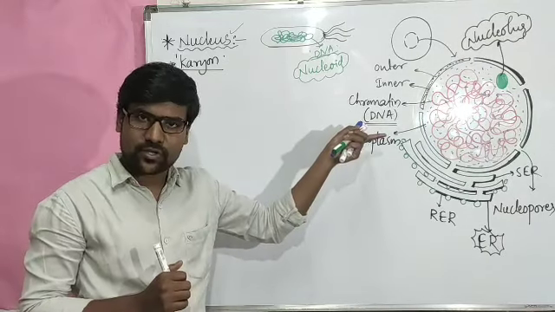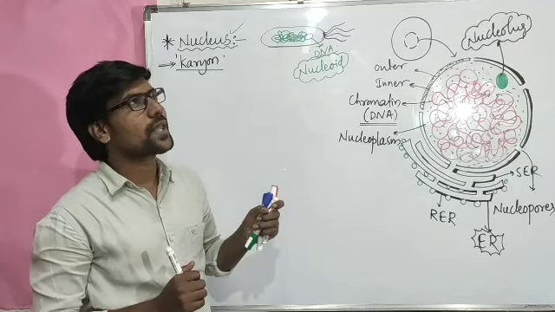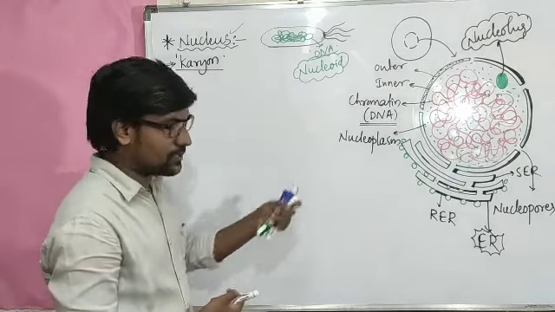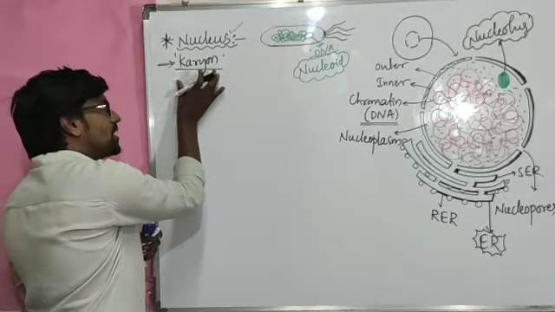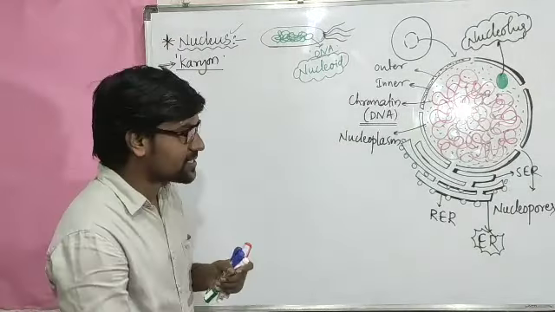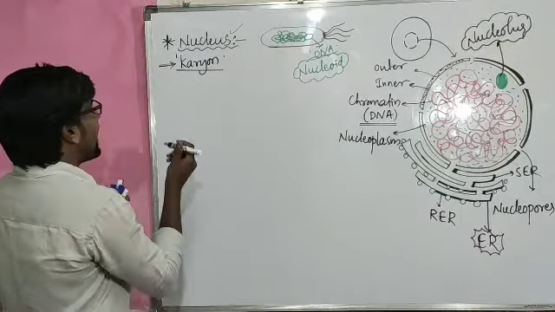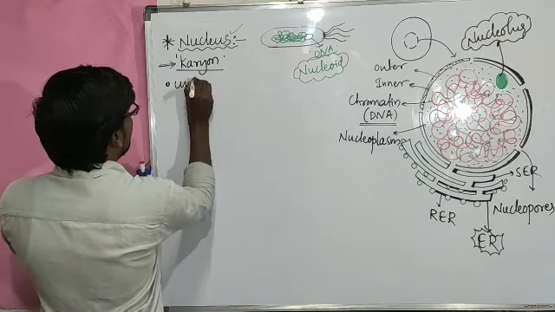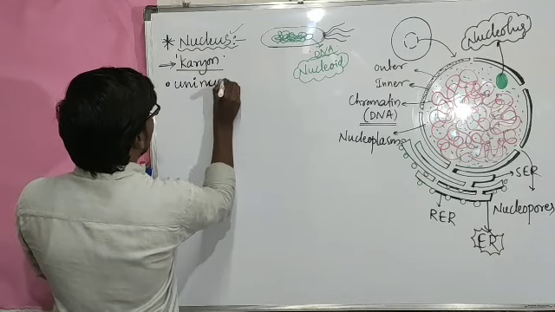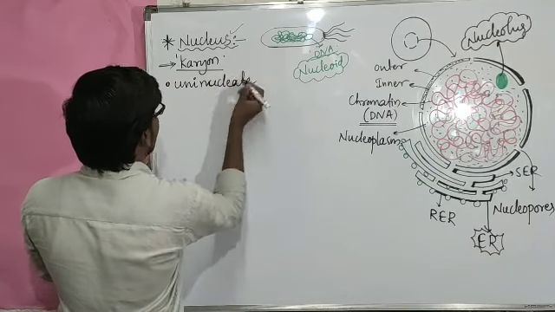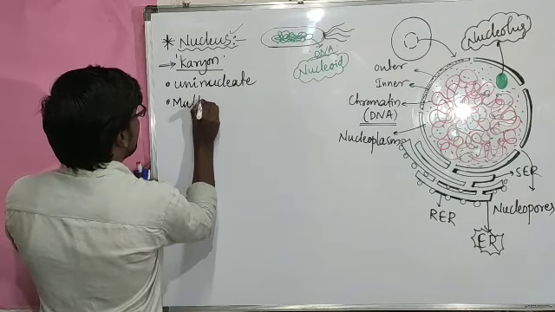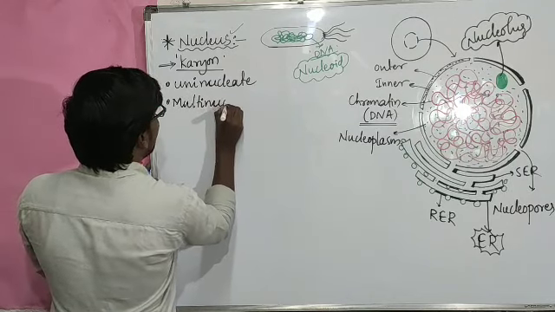We observed one term for that. Okay, we will come to it in later classes. Just keep this word in your mind. Karyon means a nucleus, right? And sometimes the cell may be uninucleate, or the cell might be multinucleate.